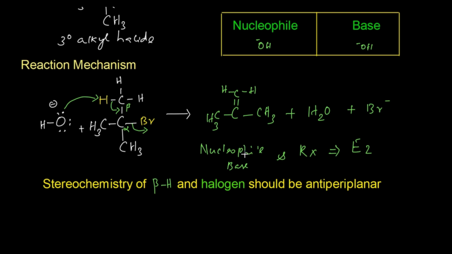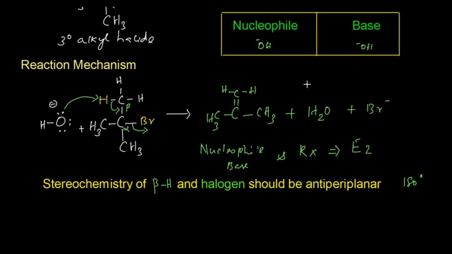And one more important point we should remember is the stereochemistry of the beta hydrogen and the halogen group, which is the leaving group. The angle between this hydrogen and the bromine should be 180 degrees. This type of arrangement is necessary for this E2 elimination.